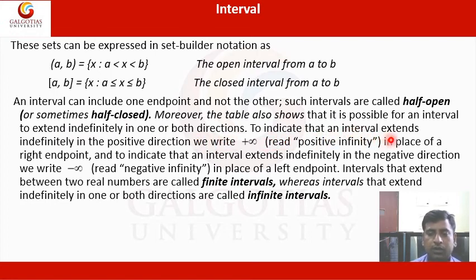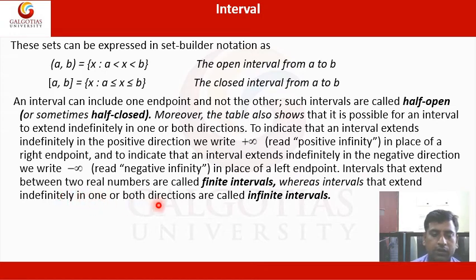Moreover, the table below shows that it is possible for an interval to extend to infinity on one side or both directions. That means from one side b can go up to infinity. To indicate an interval extends to infinity in the positive direction, we write plus infinity, read as positive infinity, in place of the right endpoint.